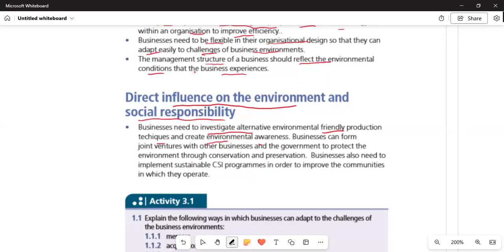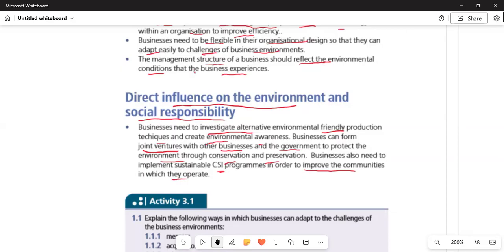Also, businesses can form joint ventures with other businesses and the government to protect the environment through conservation and preservation. They can also implement sustainable CSI, corporate social investment programs, in order to improve the communities in which they operate.